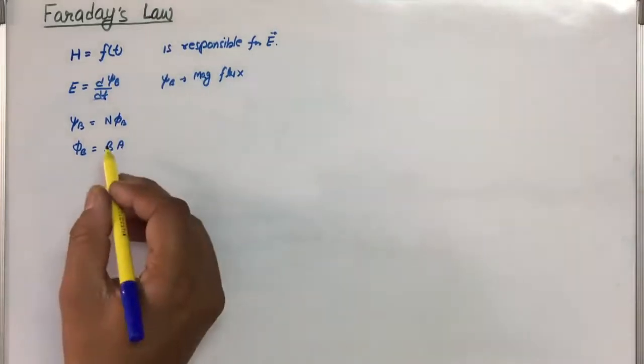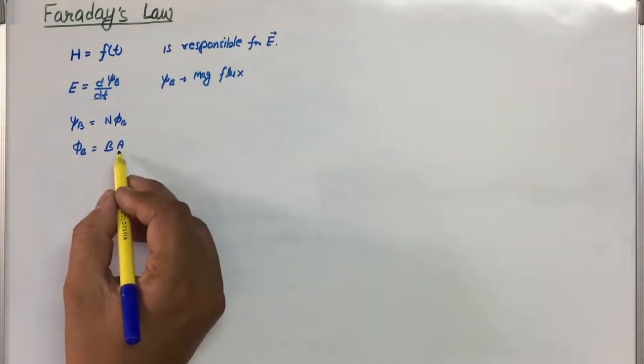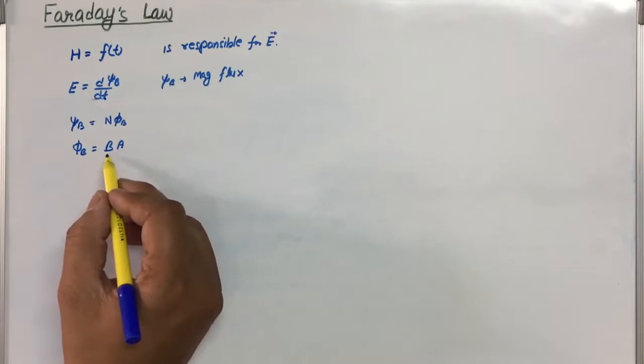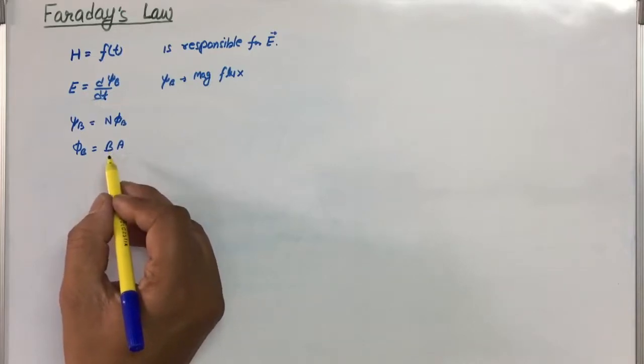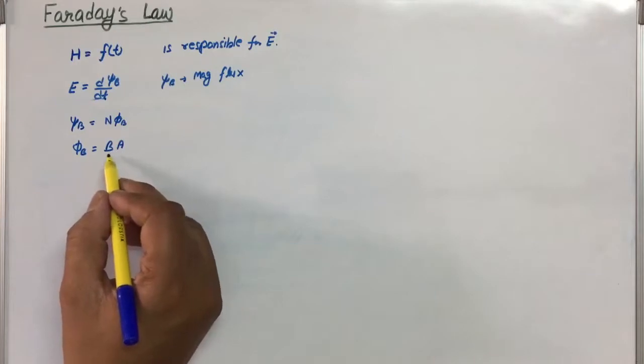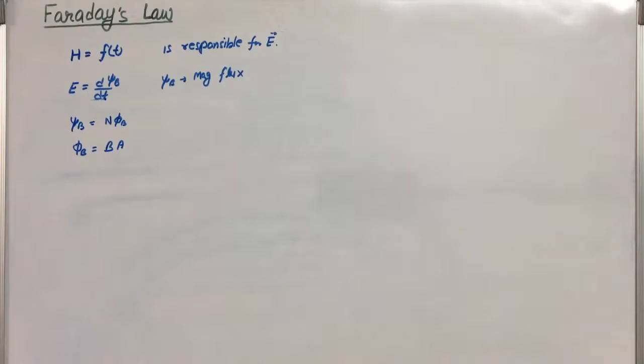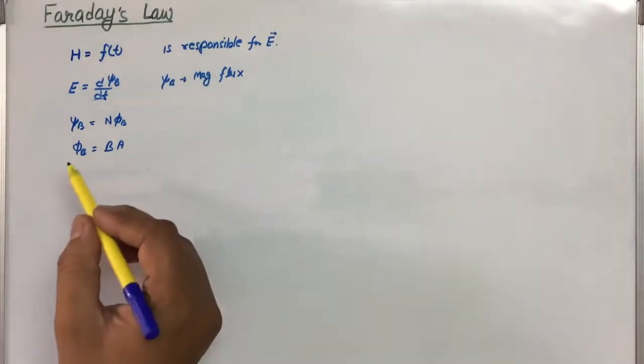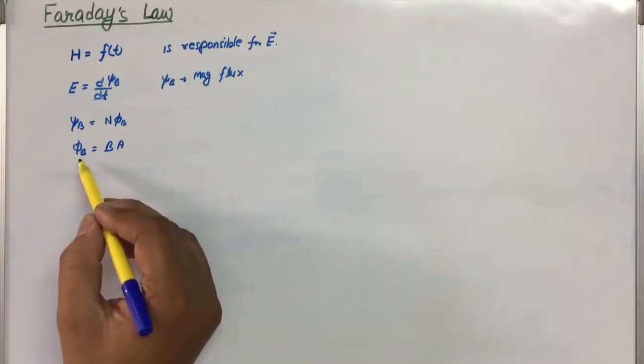So from here we can say either the area should vary or the flux density should vary. There should be a relative variation between these two. From here we find that the variation in phi B is necessary.